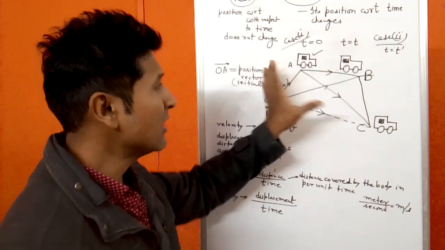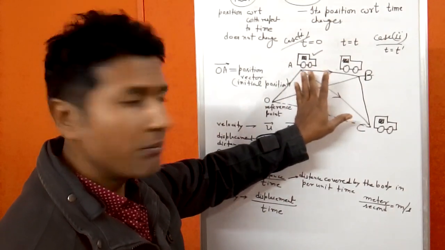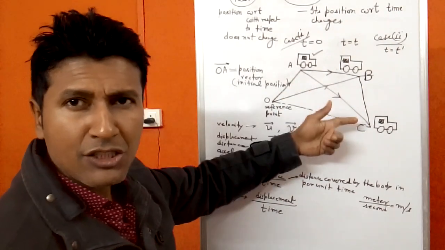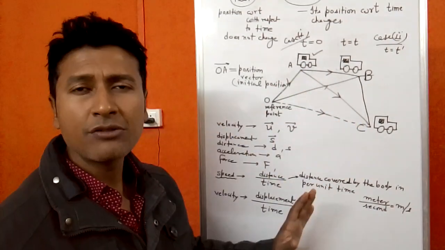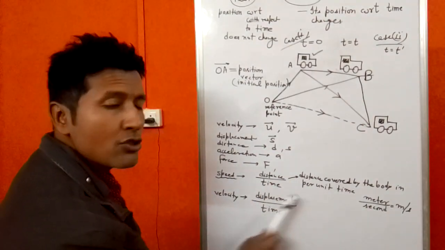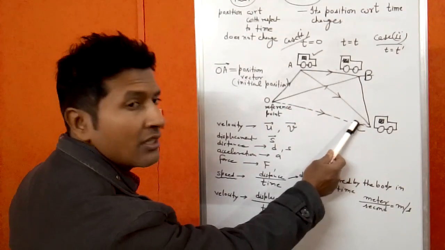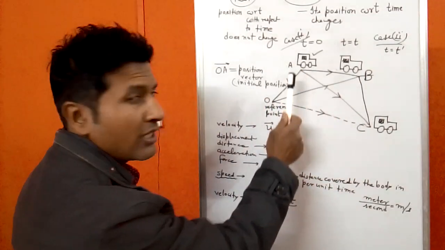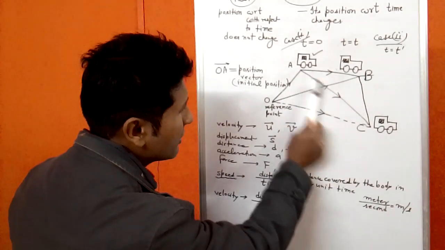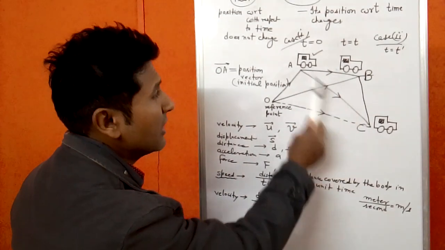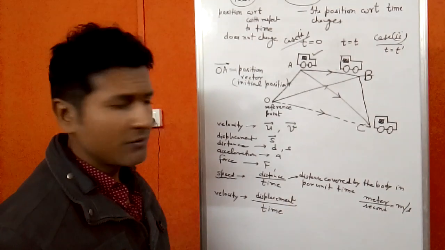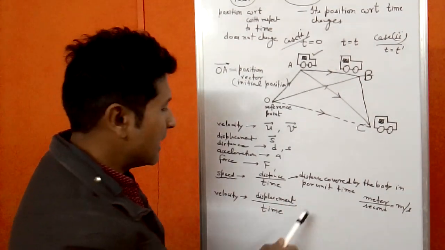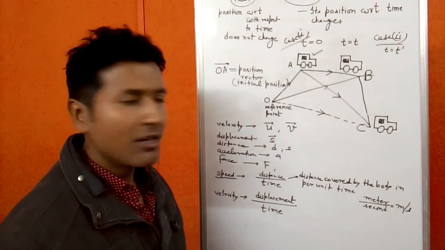So that's why it has magnitude, which is the length of this shortest path, and the direction from initial to final, right? This point is clear. So here we are talking about this displacement, not this distance, correct? Now look at the pointer. We are talking about this distance, which is basically the displacement, not this, correct? So the velocity is basically the displacement covered by the body in per unit time, right?